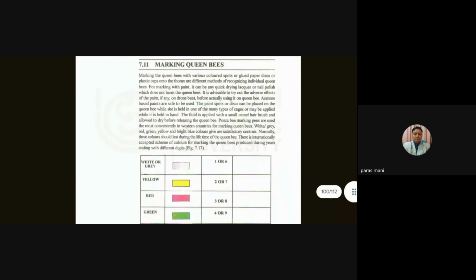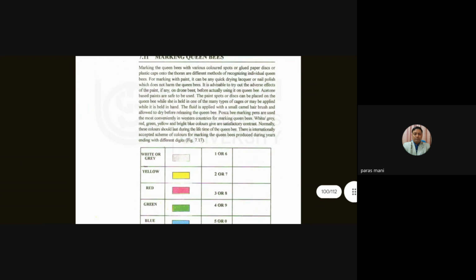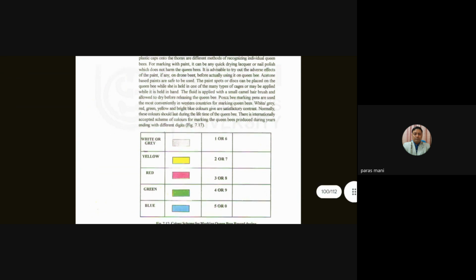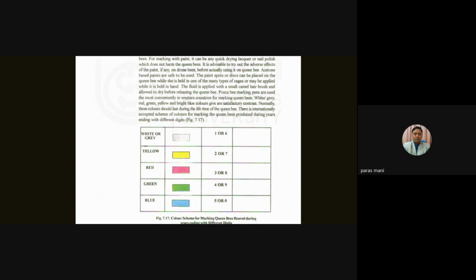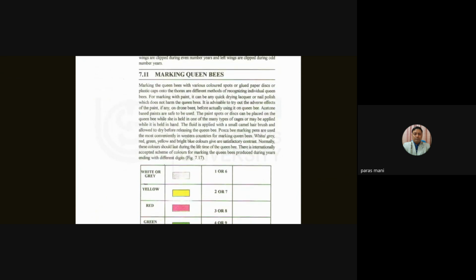And marking of queen bees is very important. White, yellow, red, green, and blue colors are used to mark the queen bees on the thorax.